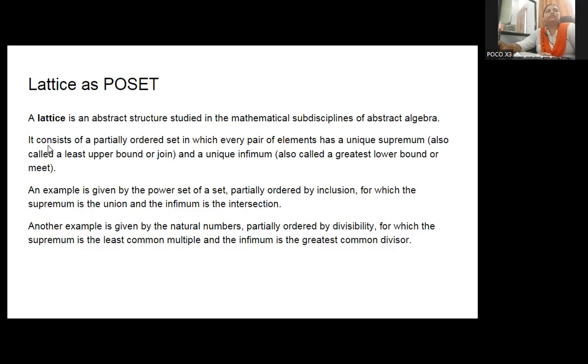It consists of a partially ordered set in which every pair of elements has a unique supremum. Now what is this supremum? It is also called a least upper bound or join.